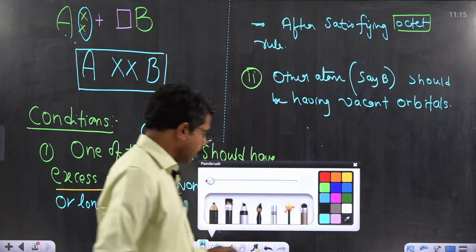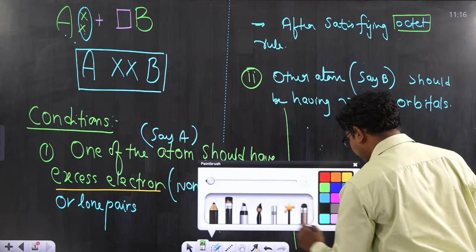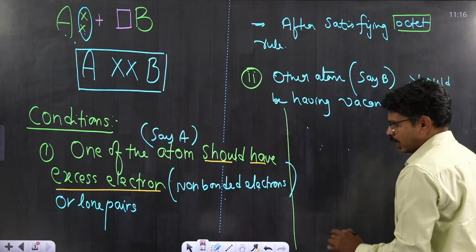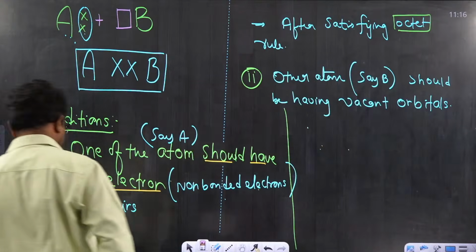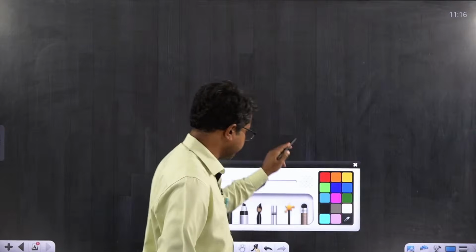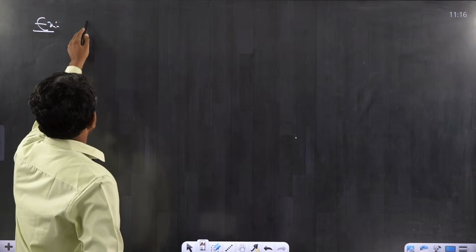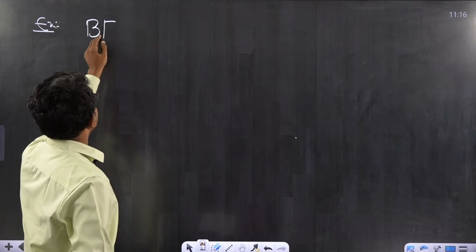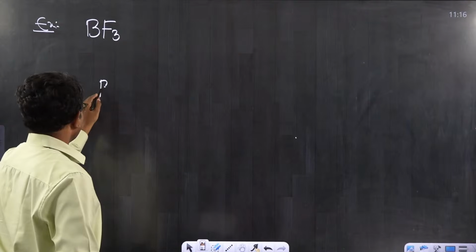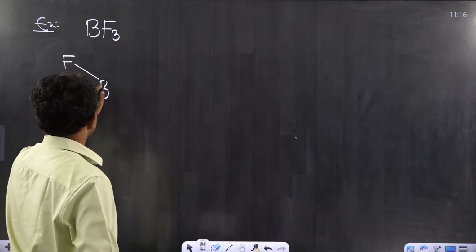Now let us consider the example of the formation of one important compound. Let's say I have to explain the dative bond between these two species. Example, consider BF3. In BF3, boron is surrounded by 3 atoms.